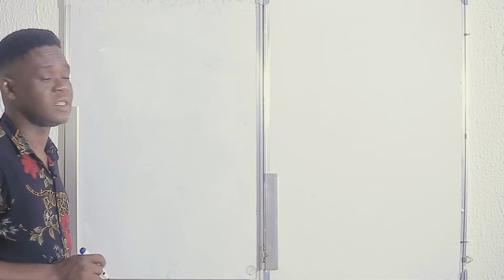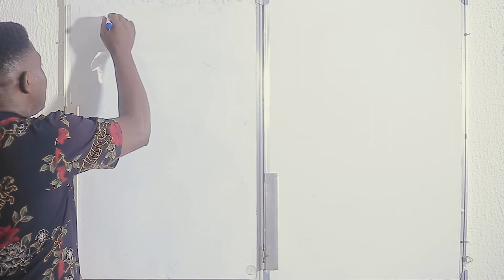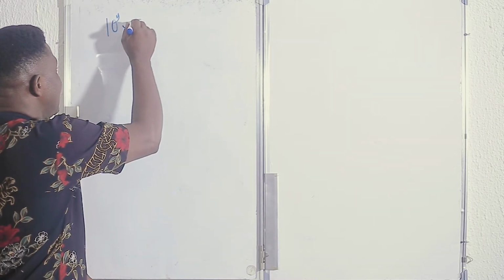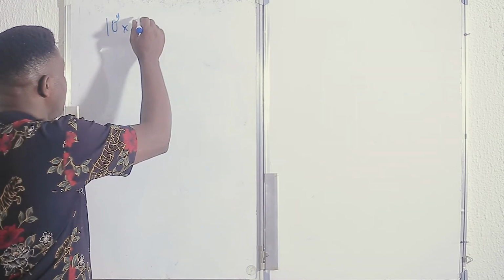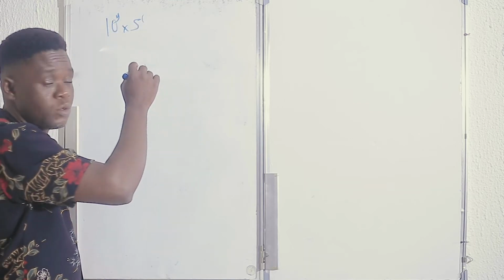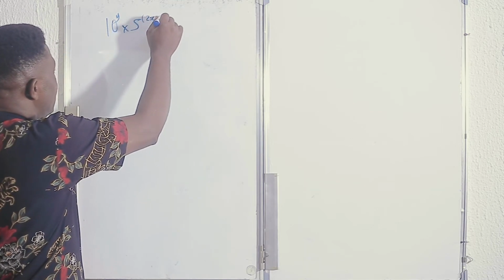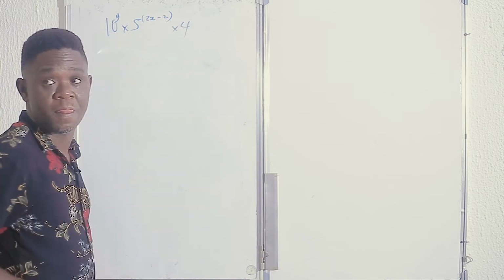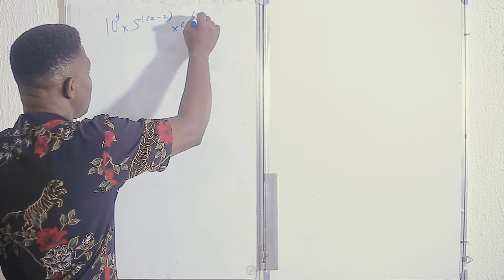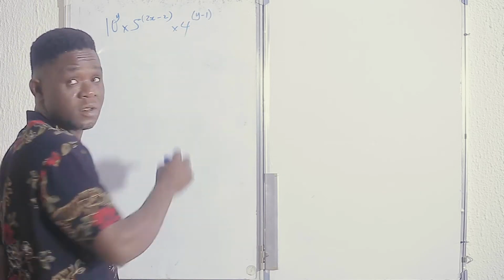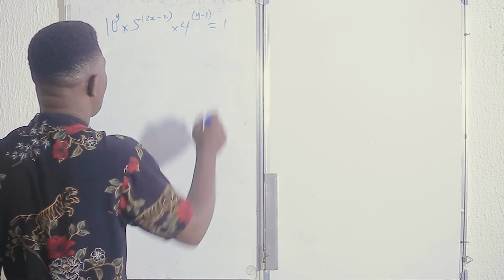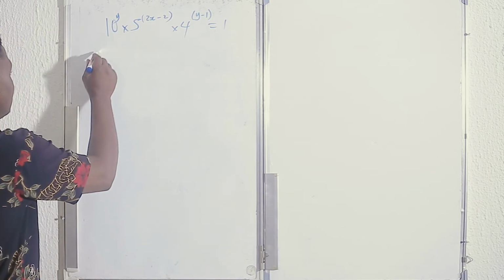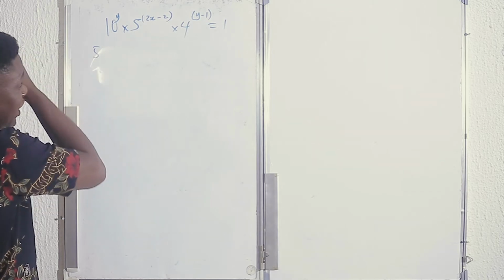Very tricky. 10 all raised to the power y times 5 all raised to the power 2x minus 2 times 4 all raised to the power y minus 1 equal to 1.